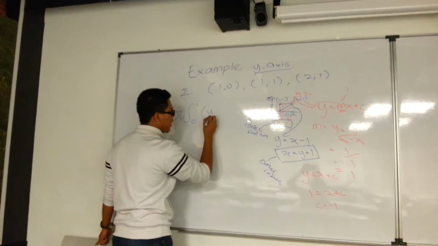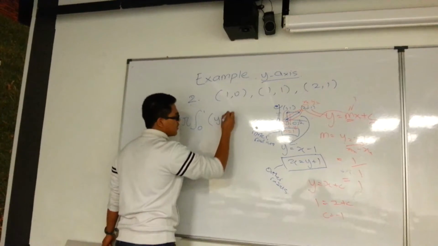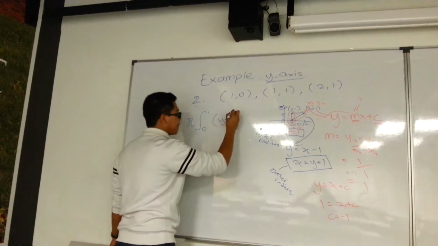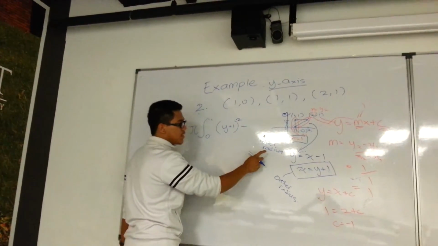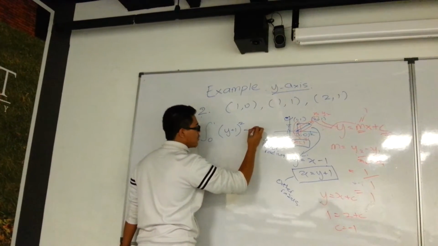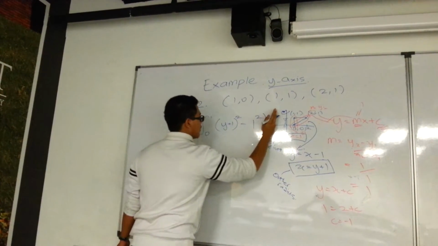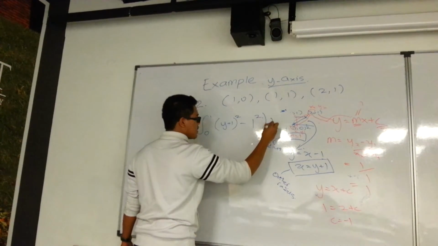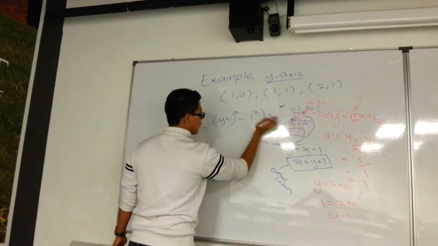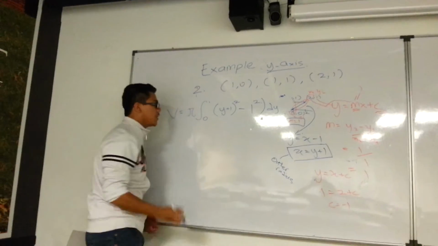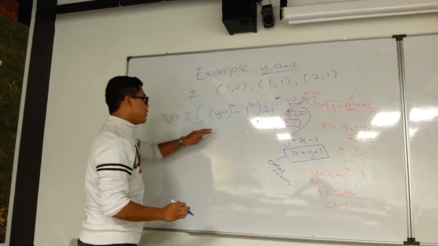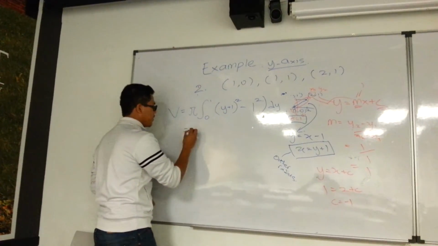So put here y plus 1. Don't forget to put square. Minus the inner radius, x is equal to 1, which is 1 squared. And this one is dy.